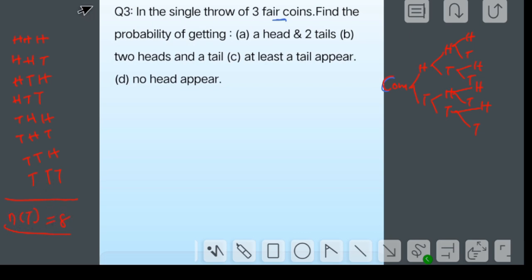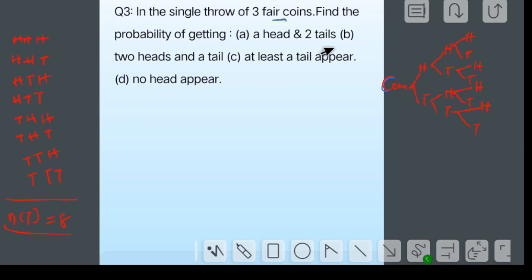We are going to take all this as one event. So this is 1, 2, 3, 4, 5, 6, 7, 8. So we have 8 total outcomes.